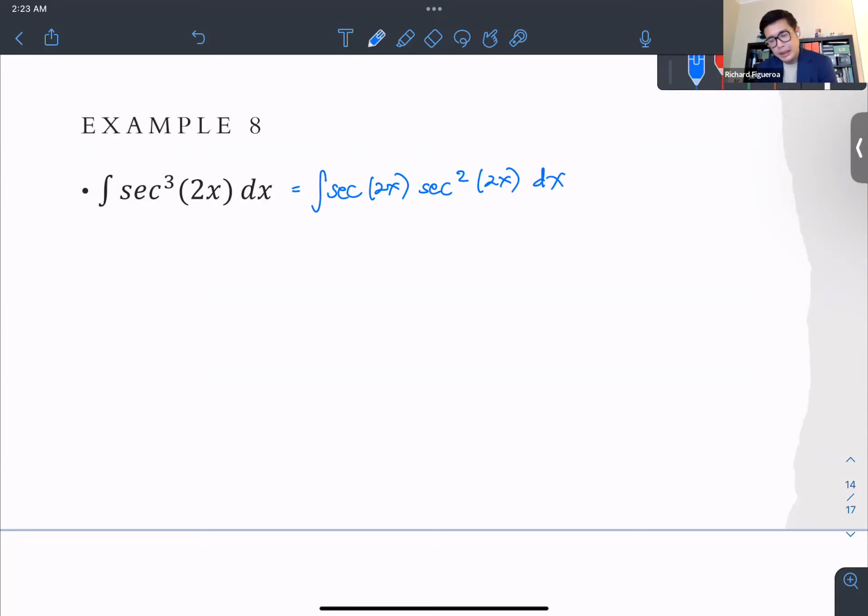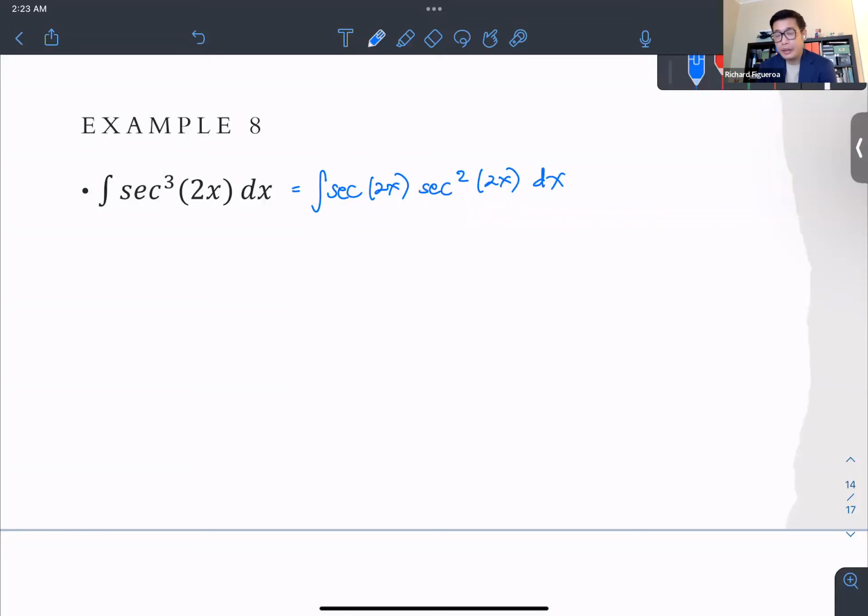So the problem with this is we have the secant squared 2x dx. So that could be our differential. However, it is multiplied to secant. The derivative of secant is secant tangent. But if it is actually tangent, right away we can use the power rule, since the derivative of tangent is secant squared. But we cannot do that one here.